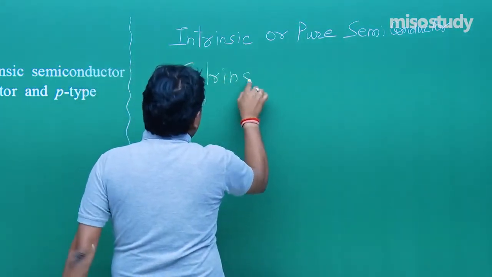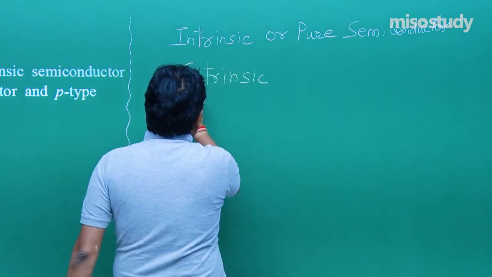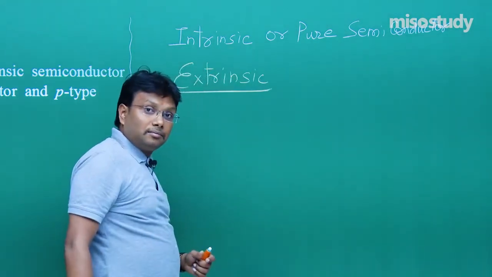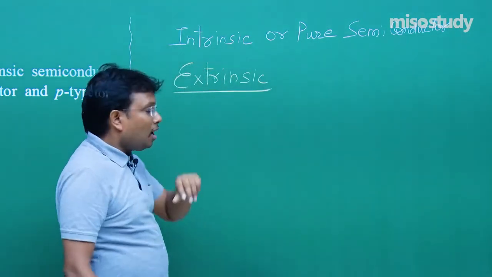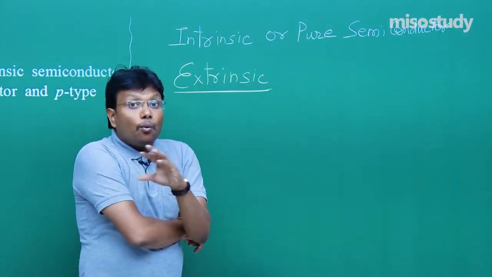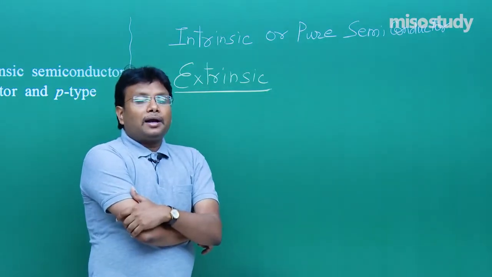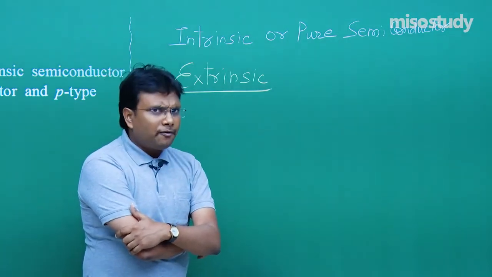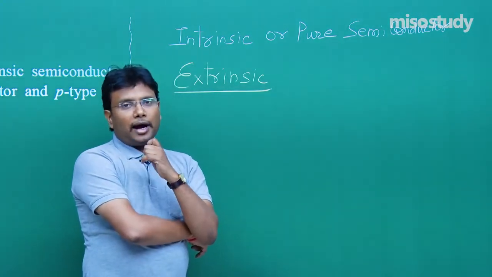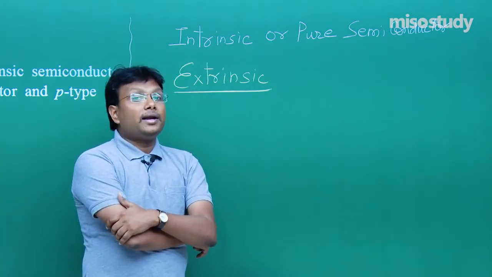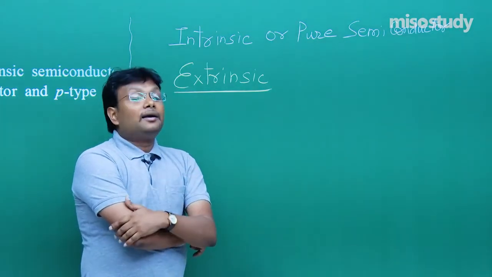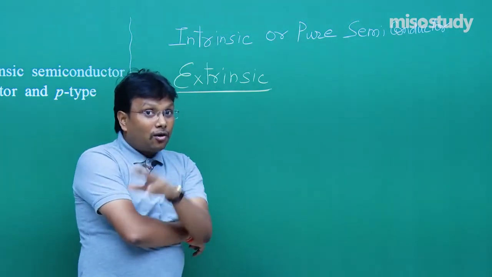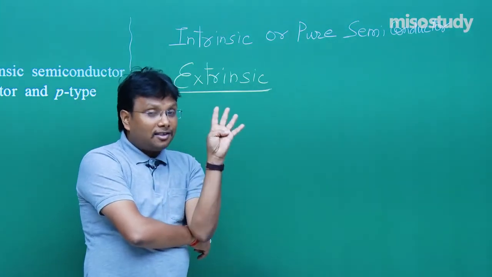extrinsic as the name itself suggests, added some impurity. Why? I want better conductivity of semiconducting materials. What type of impurities? I want to add two types of impurities. One is trivalent. Trivalent means lesser electrons, and you know 4 bonds are there in a semiconductor.